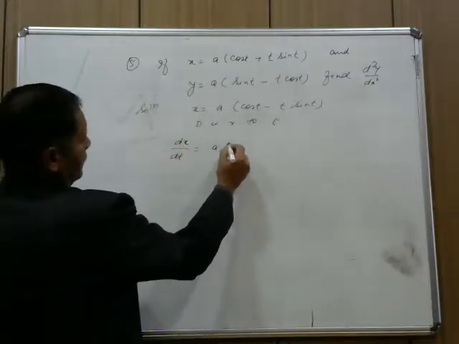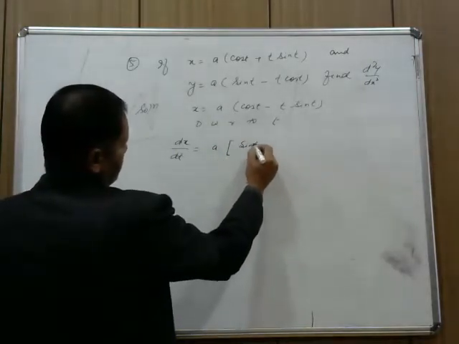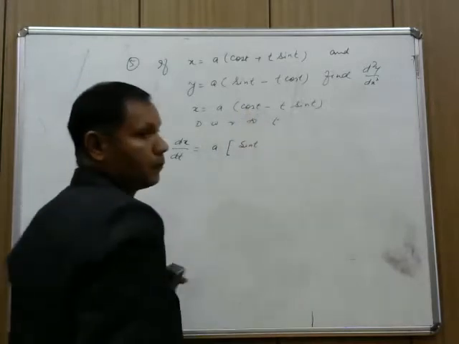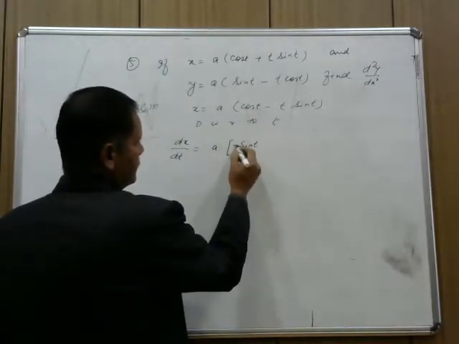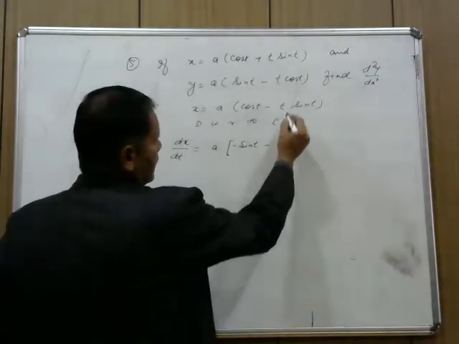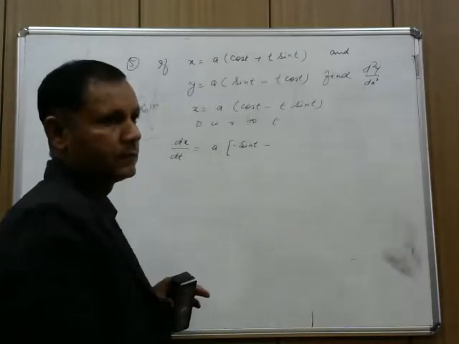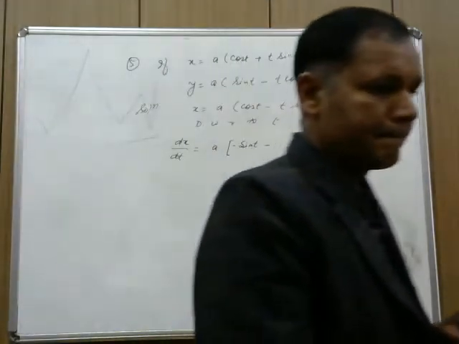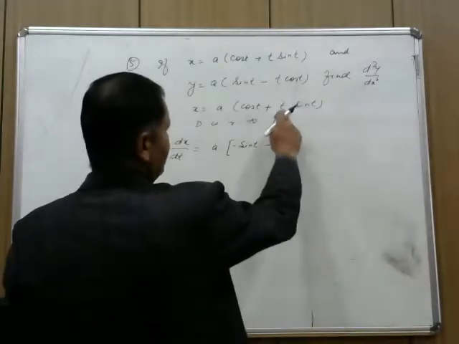is equal to a times the differentiation of cos t, which is minus sin t, minus the differentiation of t sin t.